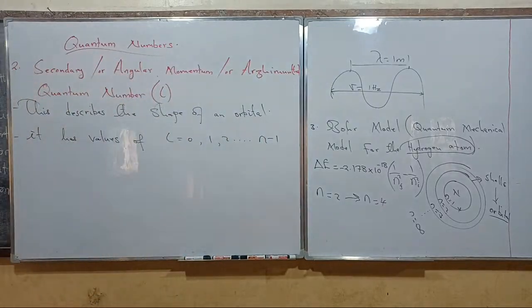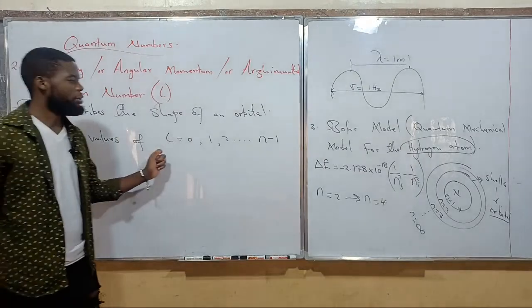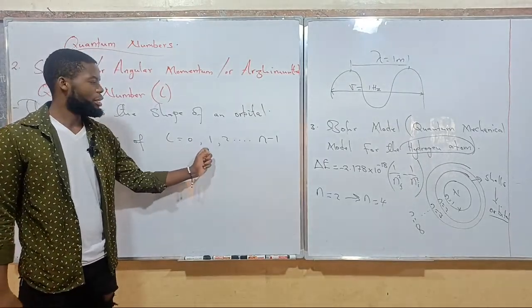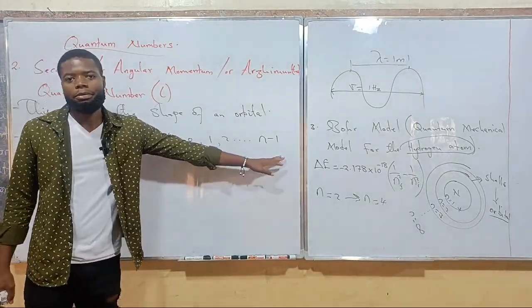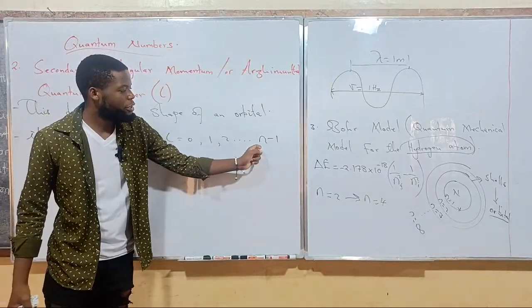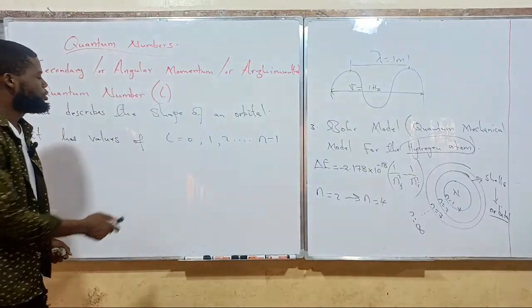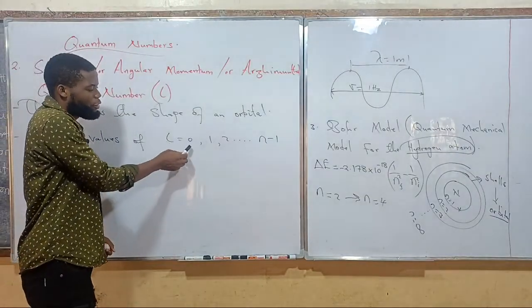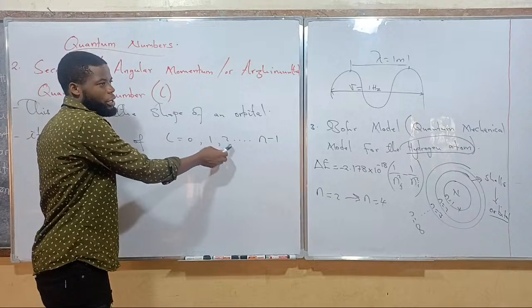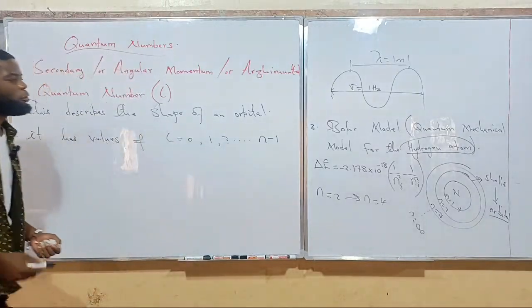Okay, so this is the azimuthal quantum number. It has values of L equals 0, 1, 2, up to n minus 1, where n is the principal quantum number.